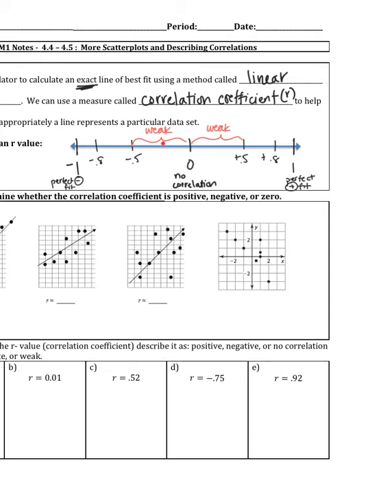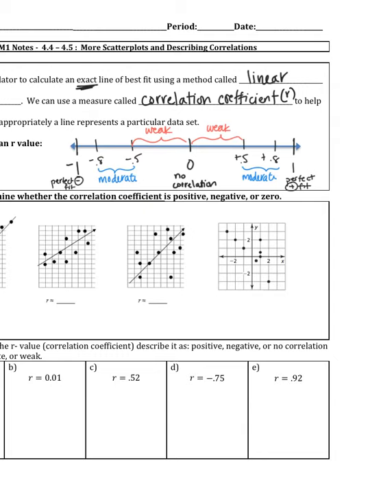We would expect the points to be kind of far away from the line of best fit, and it would be a linear pattern, but nothing very convincing. Between 0.5 and 0.8 on either side, we consider this a moderate linear fit. So the points are close, but not super tight. They're kind of spread out around the line of best fit, either in the positive or the negative direction.